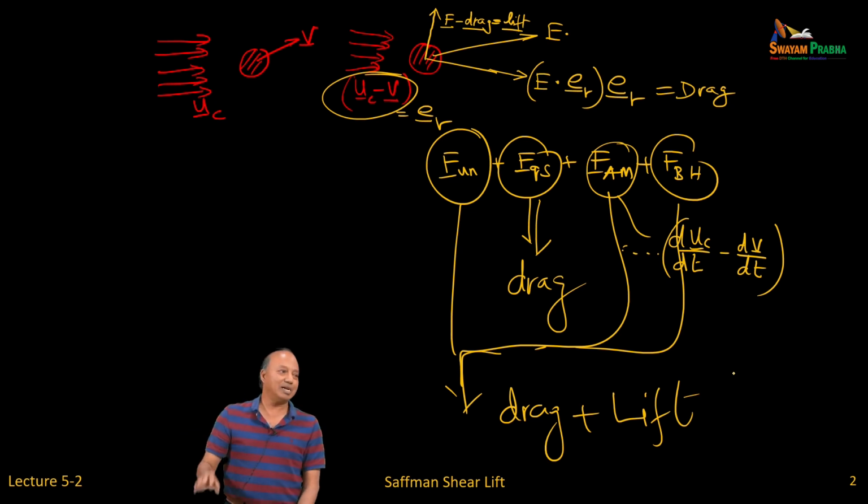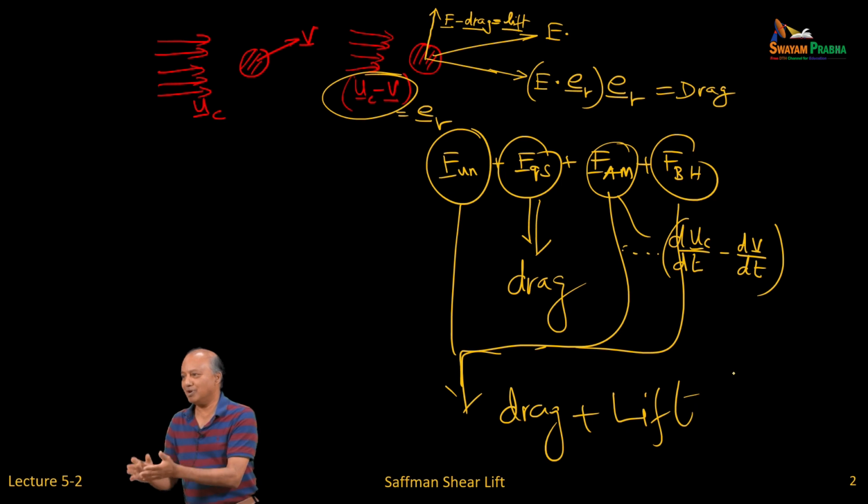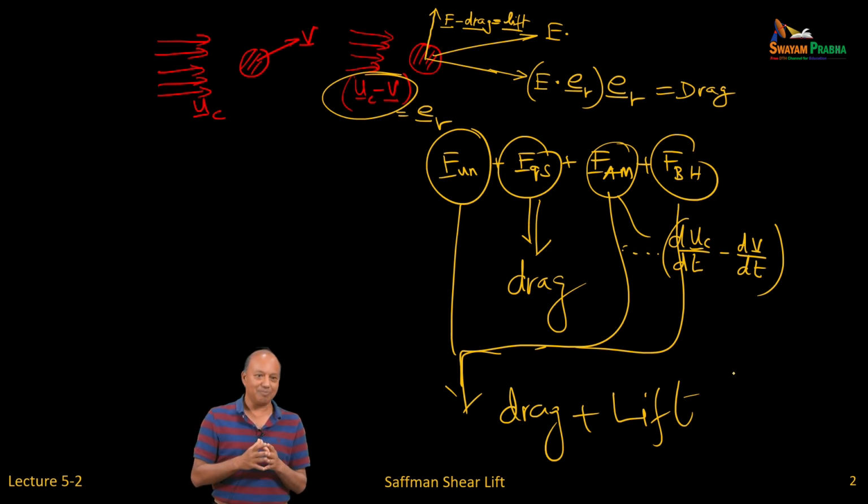So, I want to point out that in a general sense, drag is in the direction of relative velocity, and lift is perpendicular to that. Only the quasi-steady force will be purely in the relative velocity direction. The other forces could be in any direction, but that is not the kind of lift that I am talking about.